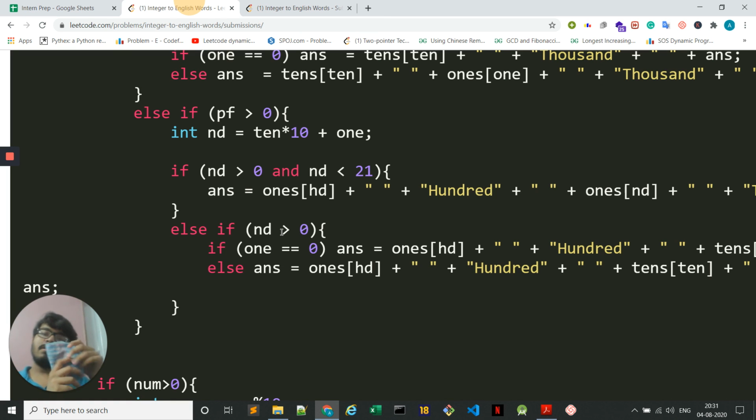So we need to create another case where if ND becomes 0, then also answer should exist, because 100 is a valid answer. In the similar fashion, 1000 is a valid answer. 100,000 is a valid answer.